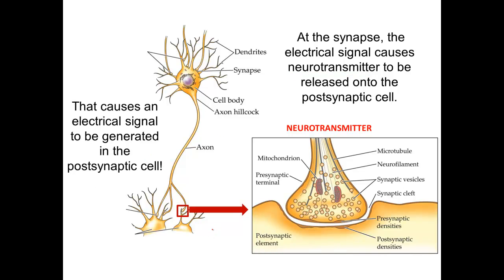When that chemical, that neurotransmitter, is detected by the postsynaptic cell, it causes an electrical signal to be generated in that neuron as well. That's really how neurons talk to each other within the nervous system.